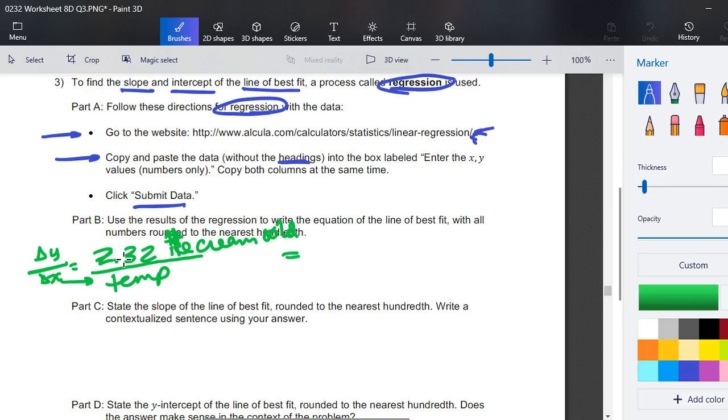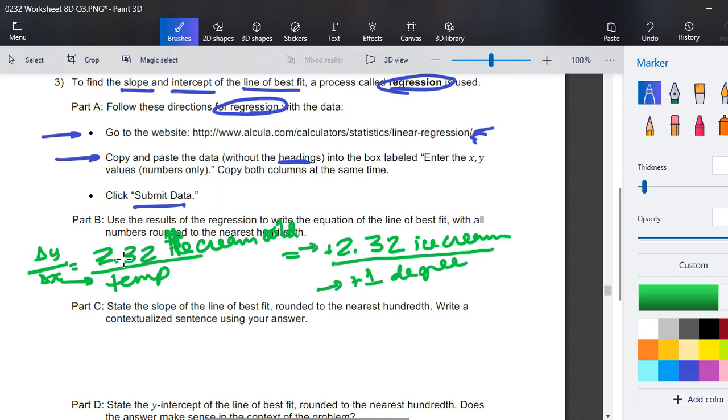And so if our slope is 2.32, then we could say something along the lines of, we will increase by about 2 1/3 ice cream bars for every 1 degree we increase. I sometimes like saying it the other way, that for every degree we go up, our sales will increase just over 2 ice cream bars or ice cream cones.